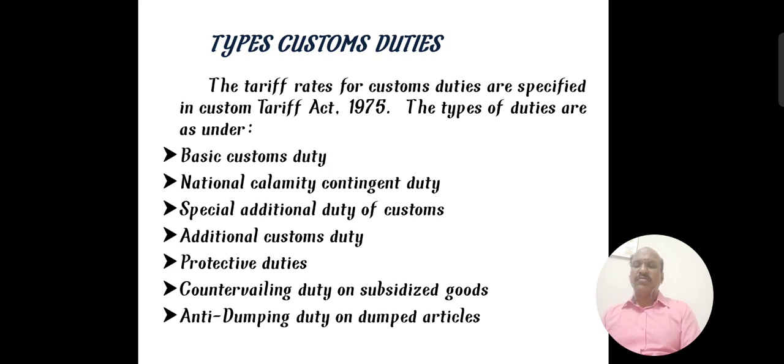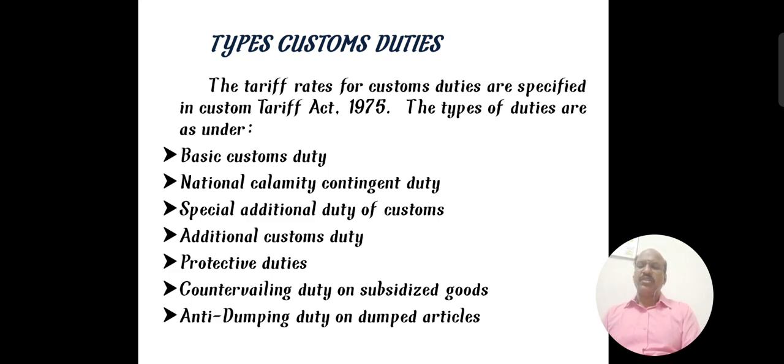Next one, countervailing duty on subsidised goods. You know, the importing goods may have subsidies from foreign countries. When they come with the subsidy from the foreign countries, the customs duty is charged more in order to balance this. So that is a countervailing duty on subsidised goods.